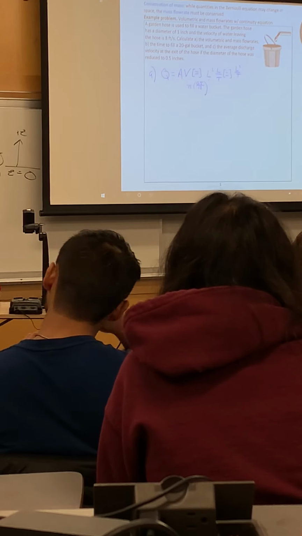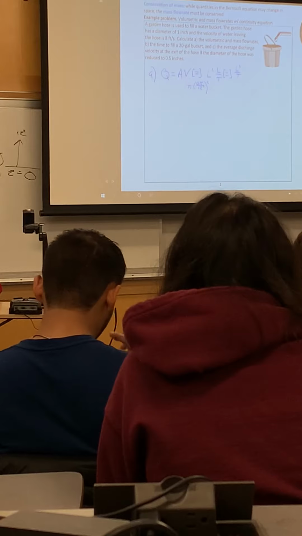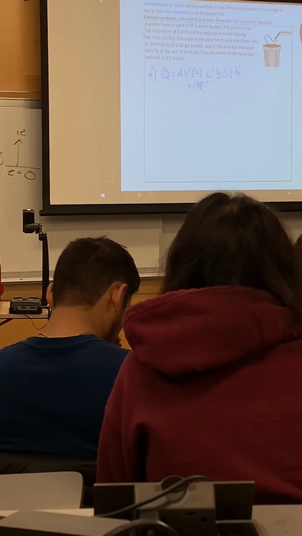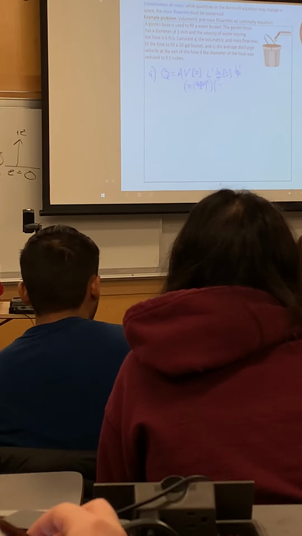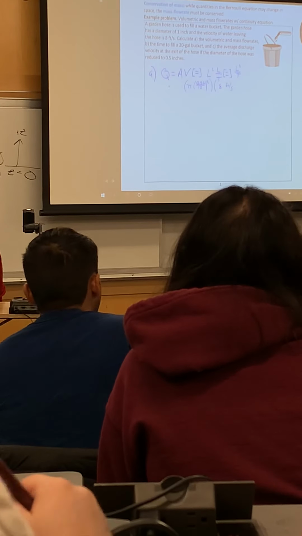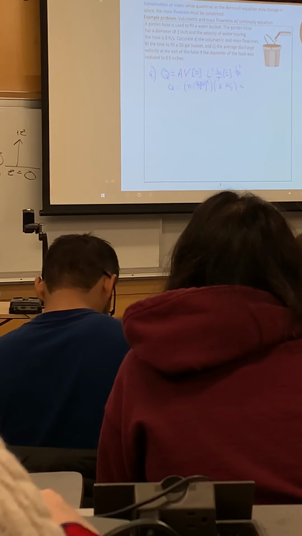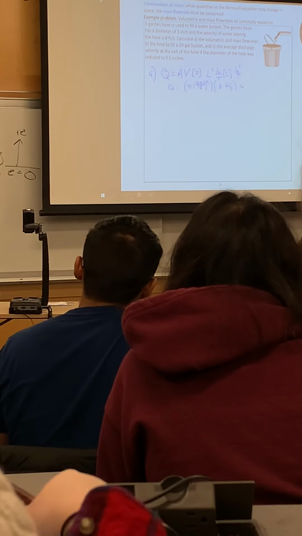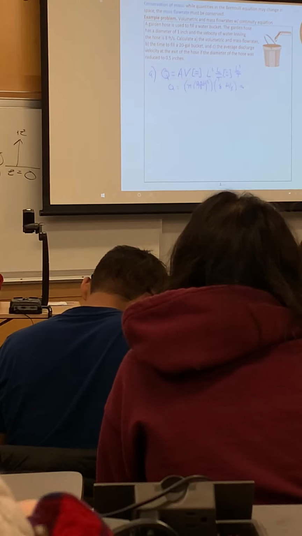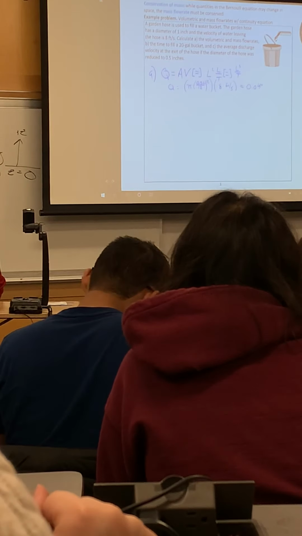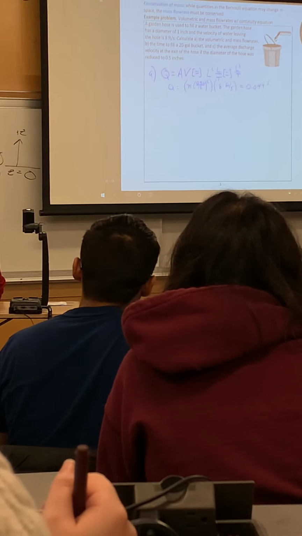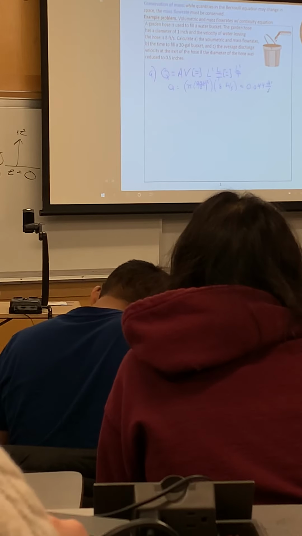Pi r squared is the area. You're told the velocity is 8 feet per second. Right? So I just inserted the conversion from inches to feet into the area calculation, so you should get 0.044 cubic feet per second.